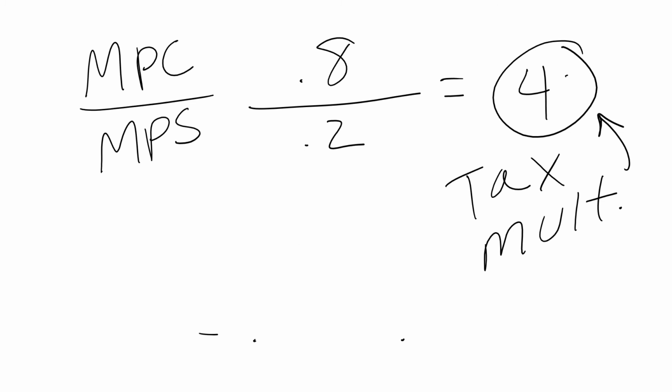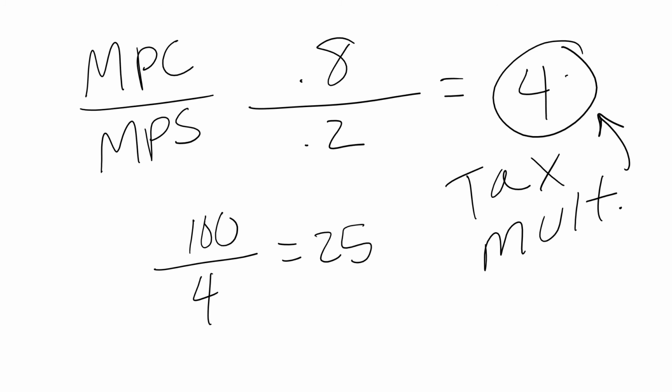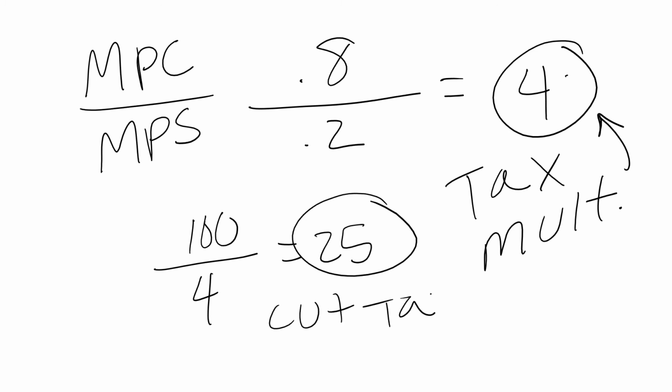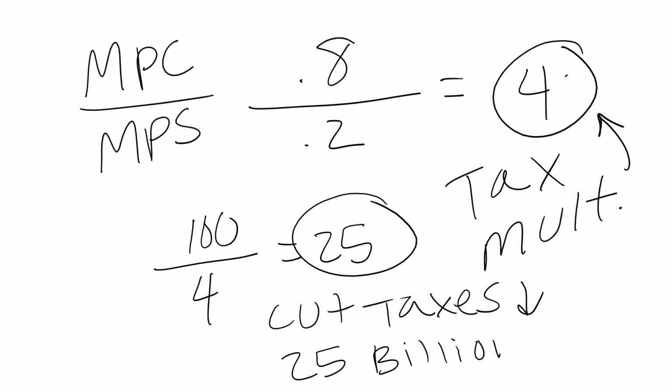Well, once again, we can do that same little division trick: 100 divided by 4 gives us 25. So that means we could cut taxes. That's the whole direction thing, right? We want taxes to go down by 25 billion. And that would tell us the answer for, I believe, part 2 of question B.